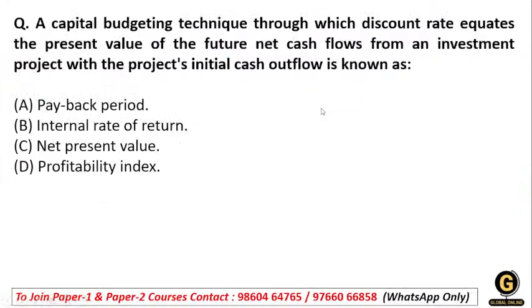The first question on your screen is from your business finance. In capital budgeting techniques, the discount rate that equates the present value of the future net cash flow from an investment project with the project's initial cash outflow is known as: the first option is payback period, next is internal rate of return, then net present value, then profitability index.